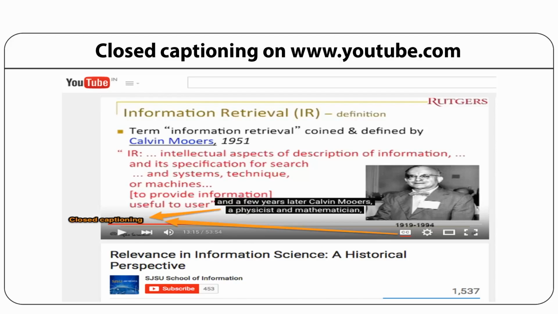So here you can see closed captioning marked with the arrow. Whatever the speaker is speaking in this video is being automatically recognized and displayed as text. So this information can further be used or indexed for textual searching and enriching the text index of the videos.